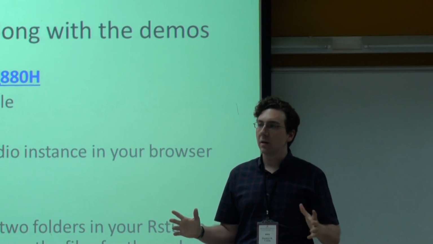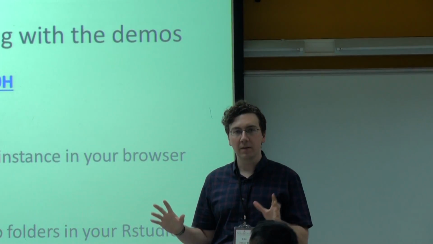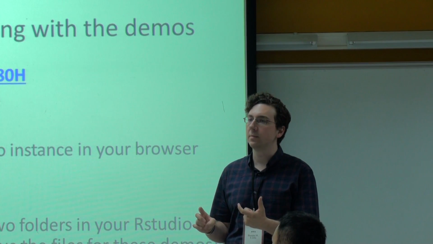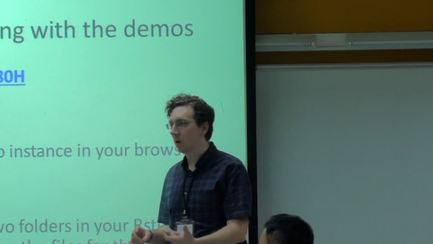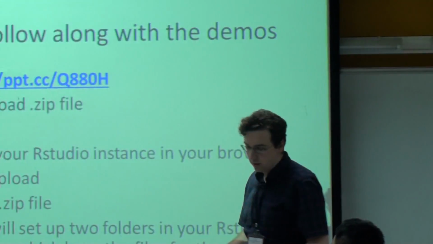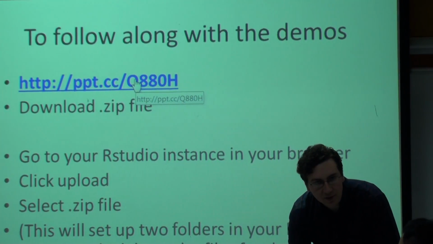So I've uploaded to the server for the NCKU Math Psych workshop a zip file that contains some files that we can use for some of the demos, which I'm going to talk about later. So what I'd like you to do is go to this URL. You have to type it into your browser.